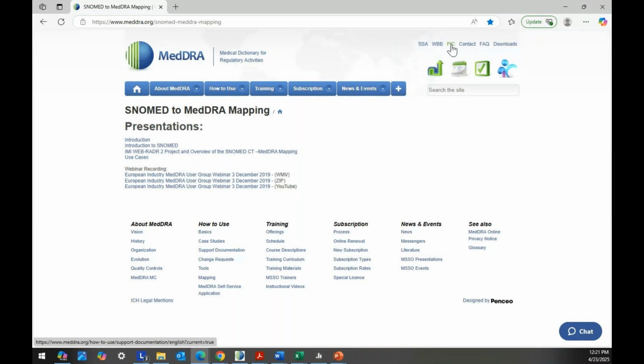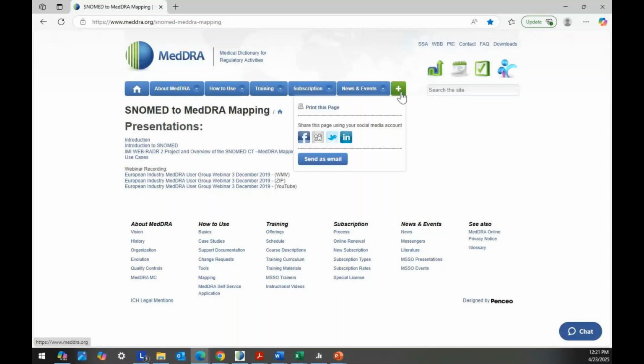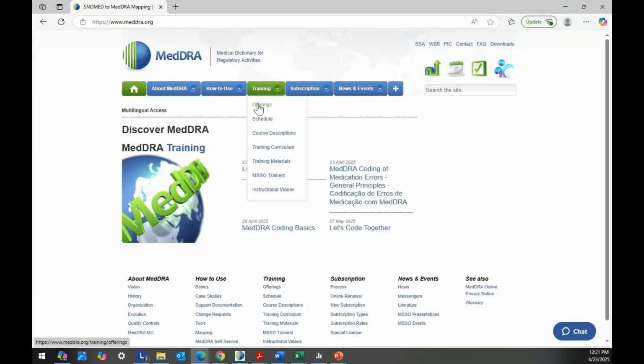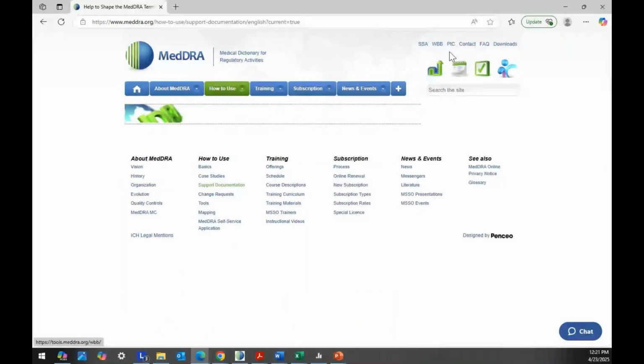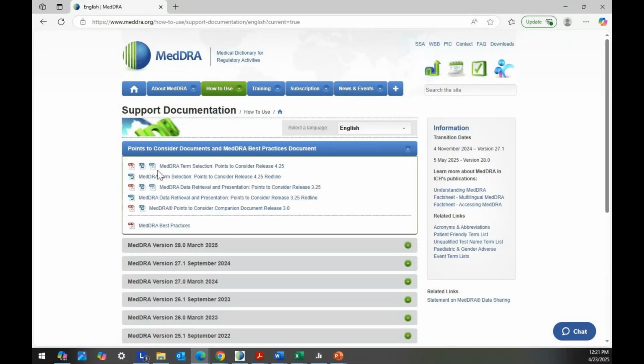Yes. And Samina and I each had different thoughts because that was a very good point. What I was thinking was they were referring to the references like the points to consider documents. So I just pulled up medra.org. Either way, whatever you were considering reference wise, Samina answered the first part. And if you were thinking about the points to consider, you could come to www.medra.org, click on PTC, and then we have a variety of documents available.